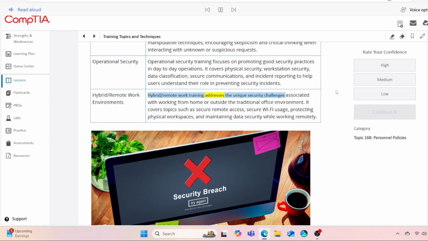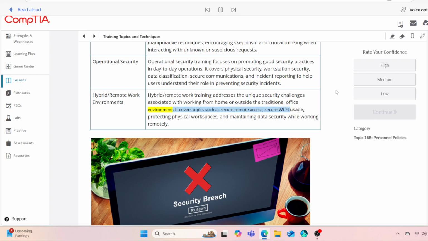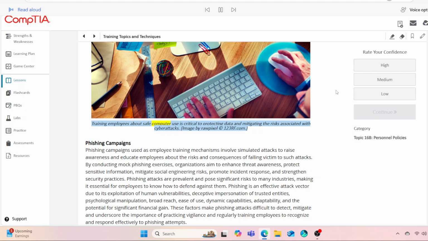Hybrid/remote work training addresses the unique security challenges associated with working from home or outside the traditional office environment. It covers topics such as secure remote access, secure Wi-Fi usage, protecting physical workspaces, and maintaining data security while working remotely. Training employees about safe computer use is critical to protecting data and mitigating the risks associated with cyberattacks.